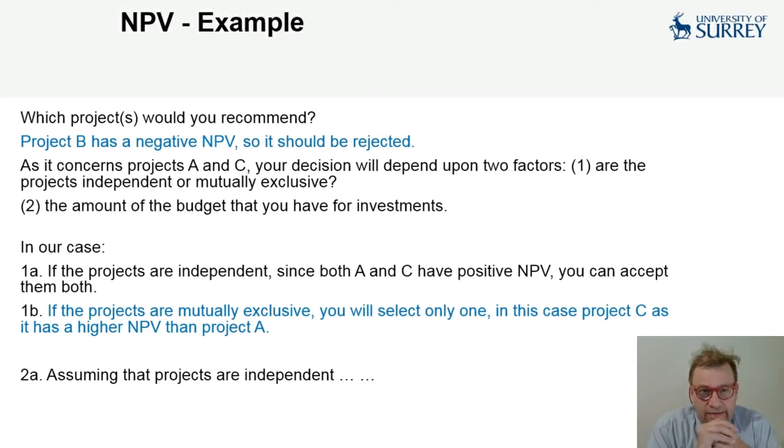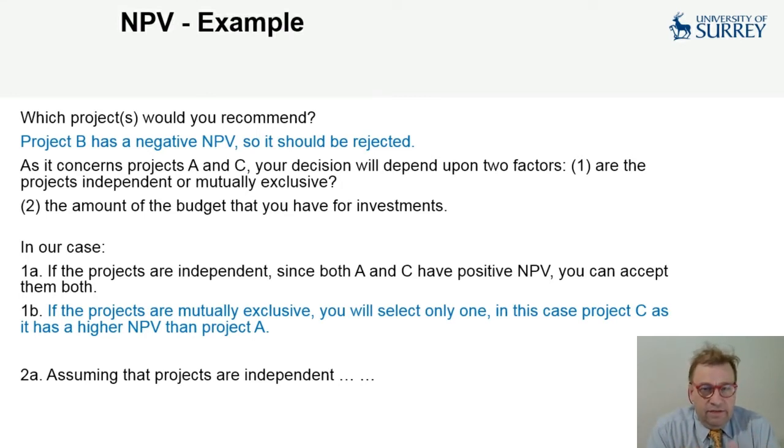And for A and C, the decision will depend on two factors. Are they independent or mutually exclusive? Or the amount of budget that we have for the investments. If they are independent and we have money for that, and they both have positive NPV, both should be accepted.